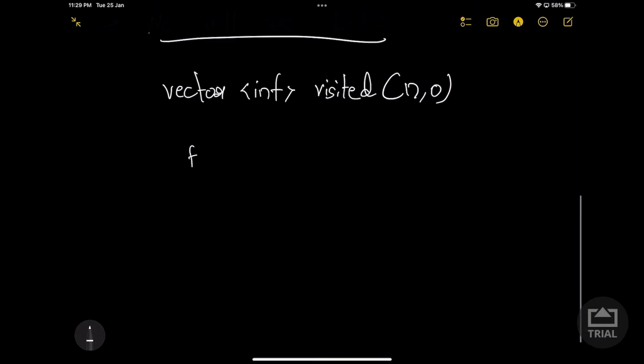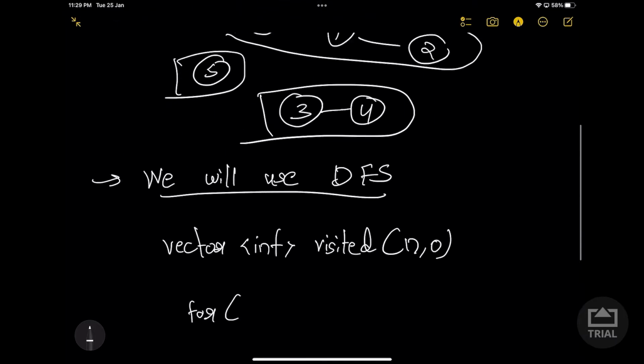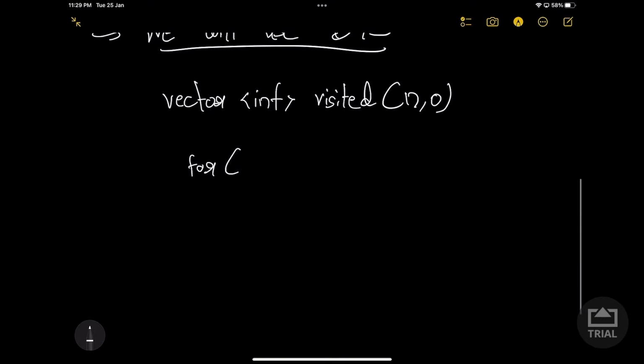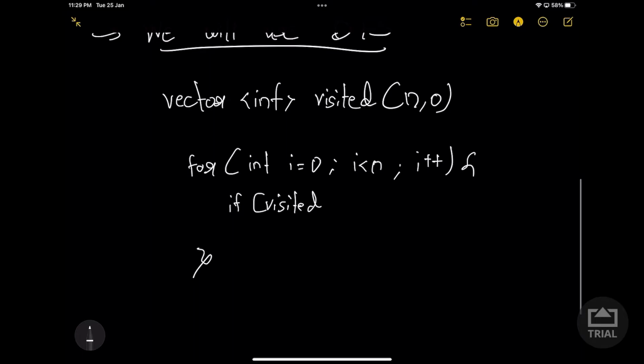Suppose we have to run DFS for every node which is not yet visited. How? We'll apply a for loop, and we will check if visited of I, where I represents the node number, equals 0, that means it is not yet visited, so we will run DFS.